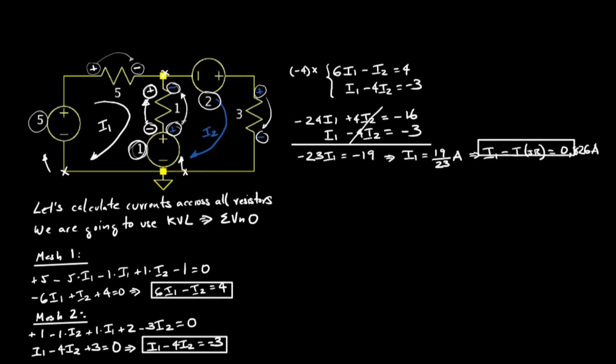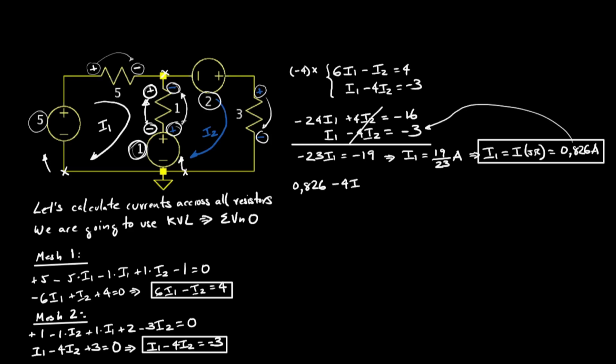I find a voltage rise whose value is 2 volt, so it is positive, plus 2. And finally, due to I2 and the way I'm going around the mesh, I find a voltage drop across the 3 ohm resistor. So as it is a voltage drop, I write it as negative, minus 3 times I2.